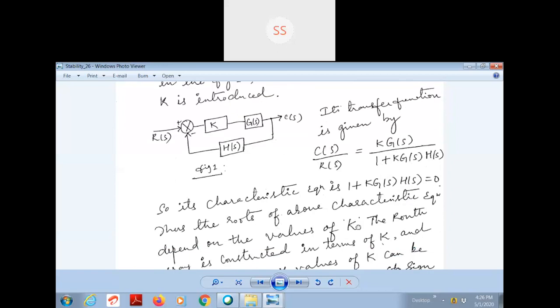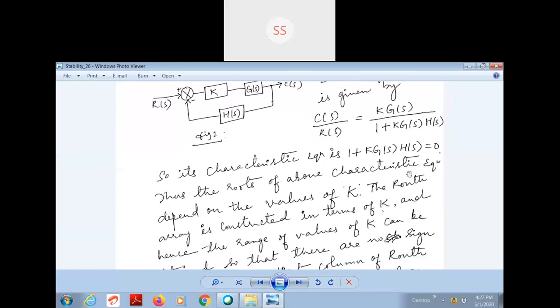Thus, the roots of the above characteristic equation depend on the value of k, because k has come in the denominator and is purposefully introduced here. By introducing k in this path, it is possible to adjust the k value such that the roots fall in the region which will make the system stable.